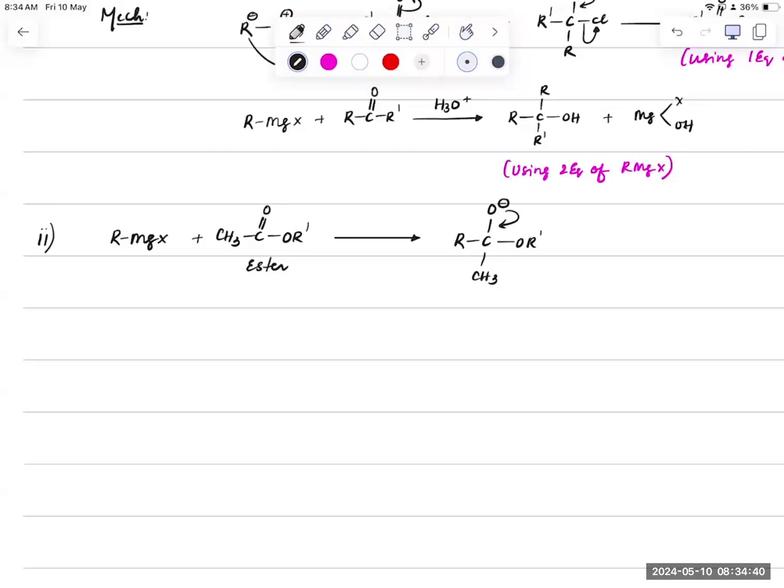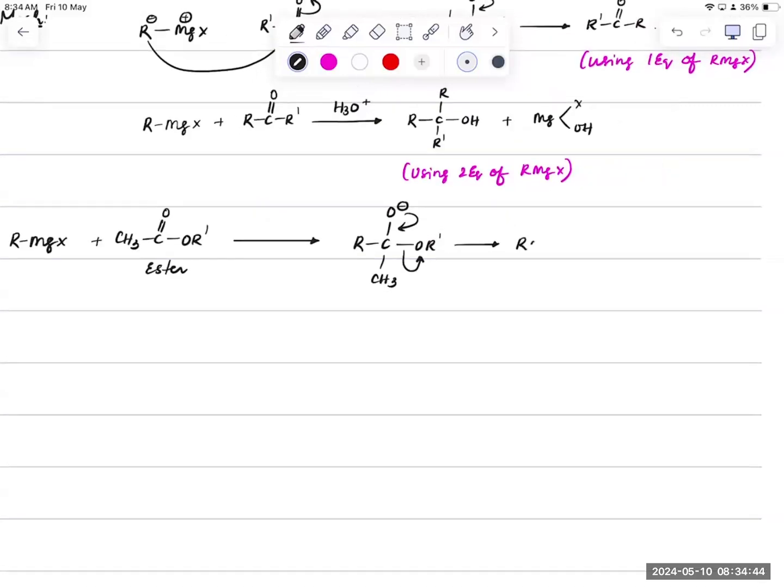As soon as it closes here, this group will come out. I'll get RO minus MgX plus R C double bond O CH3. So this is using one equivalent of RMgX.